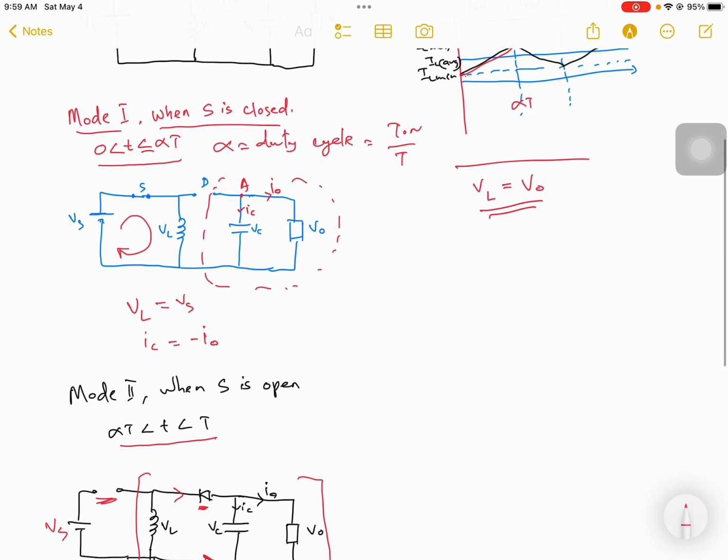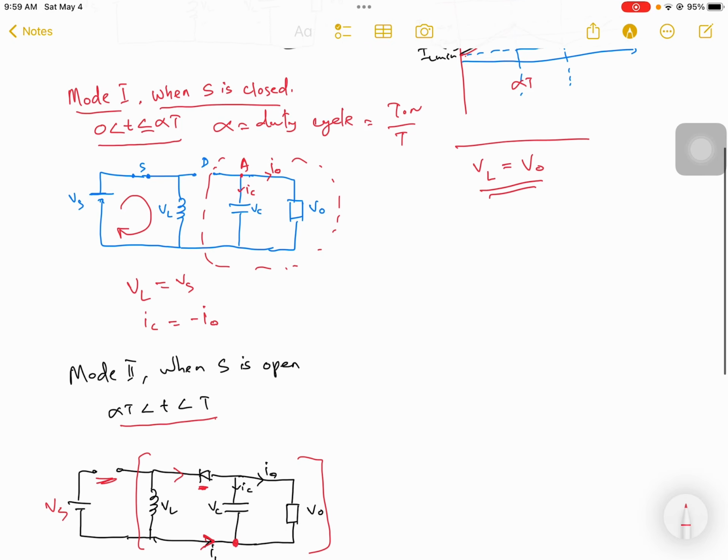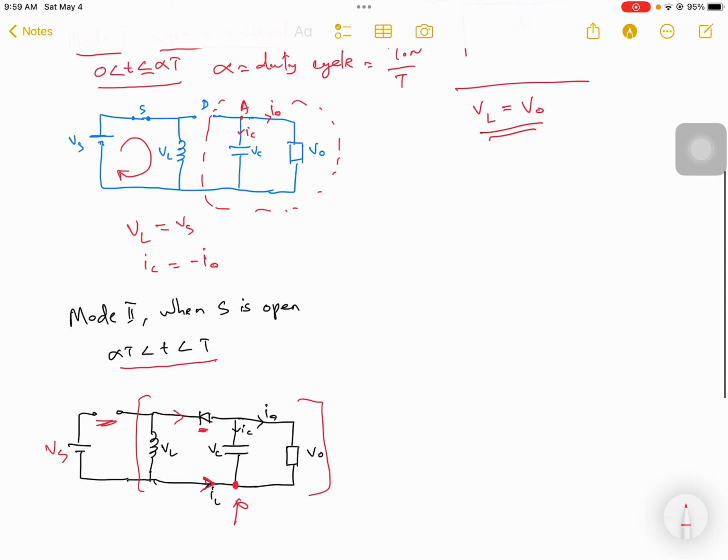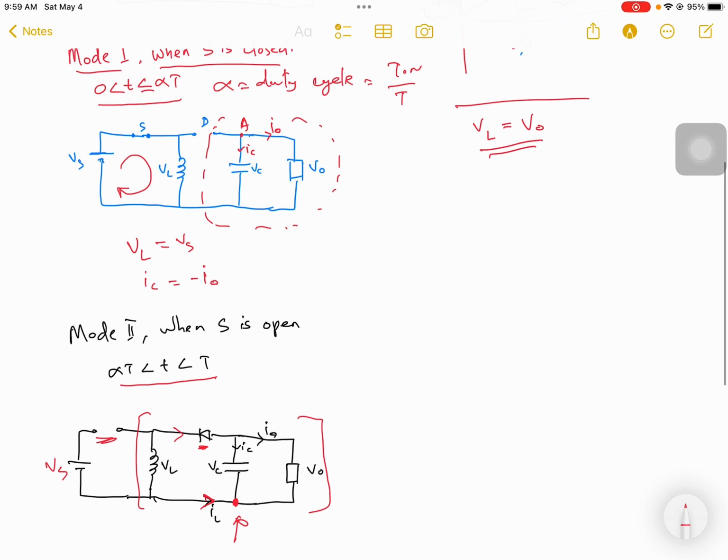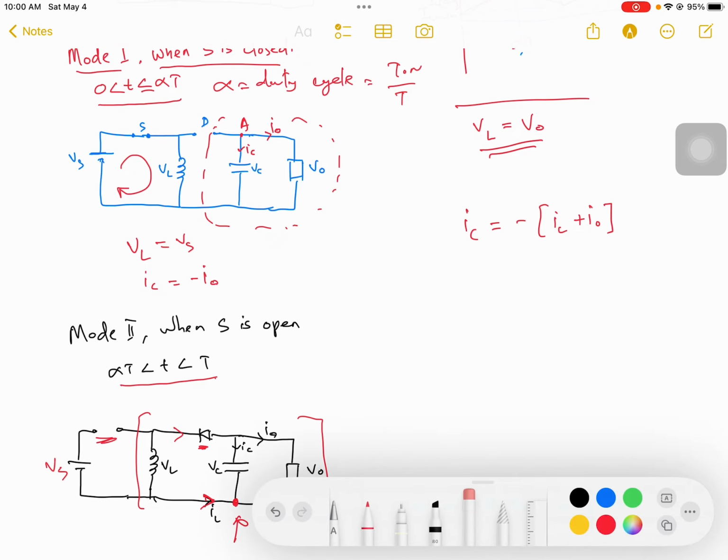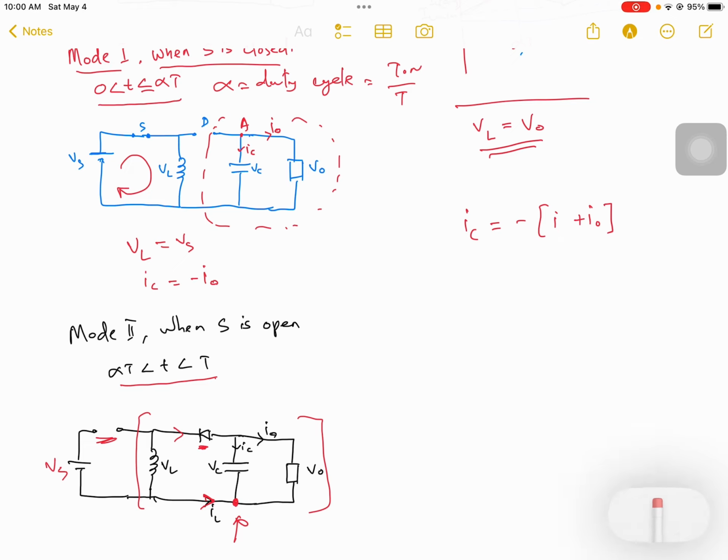Then just apply the KCL at this node here. If you apply the KCL at this node, your capacitor current IC will be equal to negative of inductor current IL plus the output current, like this. This one is your C. This is not inductor current L.